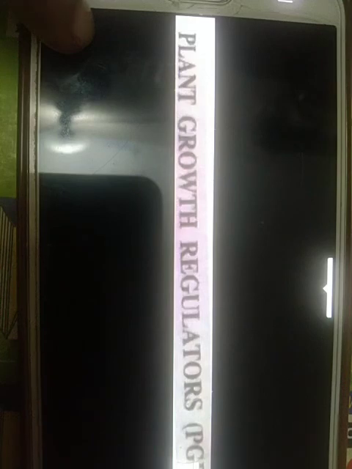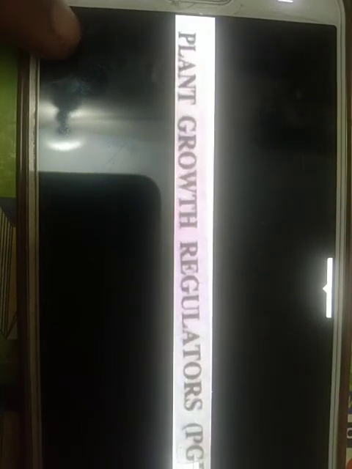Plant growth inhibitors normally induce dormancy and abscission. They have, however, an important function of inducing the plant response to wounding, biotic and abiotic stress. Abscisic acid is known as a plant growth inhibitor. Ethylene is largely a plant growth inhibitor, but it is involved in some growth promotion activities also.